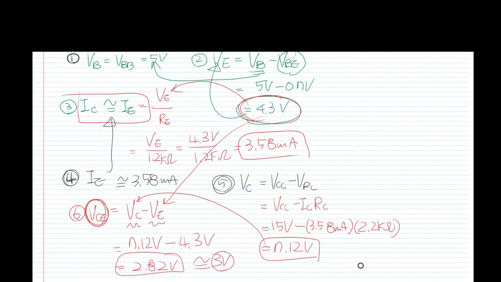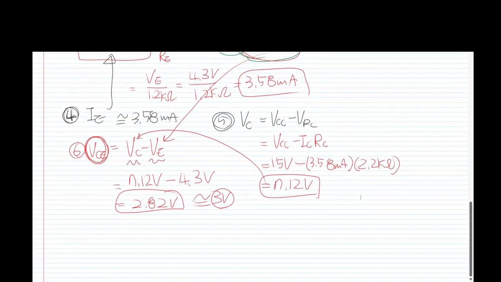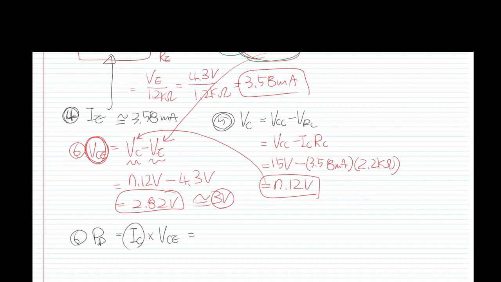So the next one is the dissipation power, same thing. I sub C multiplied by V sub CE. We have already calculated I sub C, 3.58 milliamp, and V sub CE is 2.82 volt.